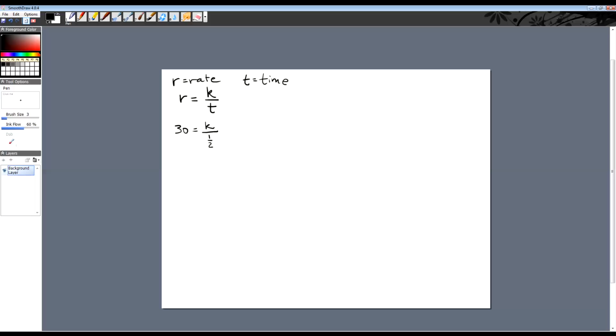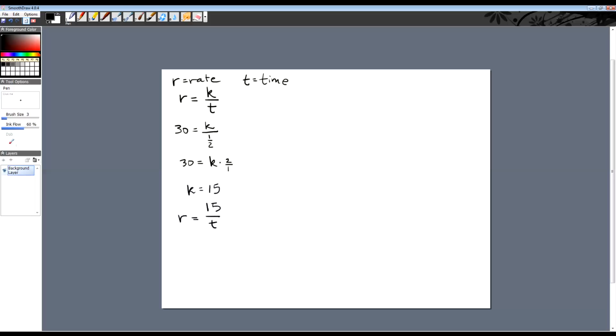Then 30 equals k divided by 1/2. If you divide a variable by a fraction, it's the same as multiplying by the inverse of the fraction. K times 2 over 1, or 2. So K equals 15. So our inverse rate equation becomes r equals 15 divided by t.